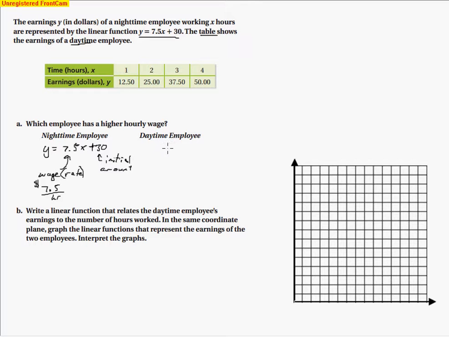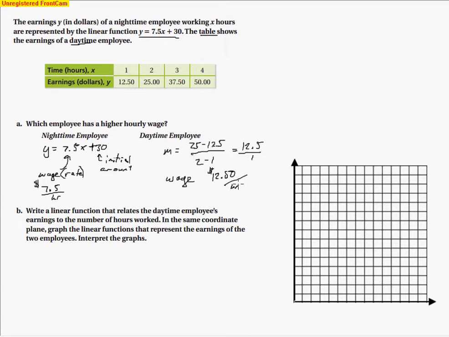And so let's find out what the daytime employee is. We can find that out by using the slope formula. So I'm going to subtract the y values. I'll do 25 minus 12.5, and that's over 2 minus 1. So 25 minus 12.5 over 2 minus 1. I do that work and I get 12.5 over 1. So this daytime employee's rate of change, or wage, is $12.50 per hour.